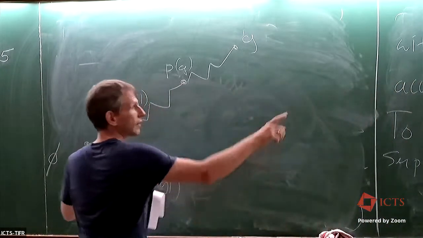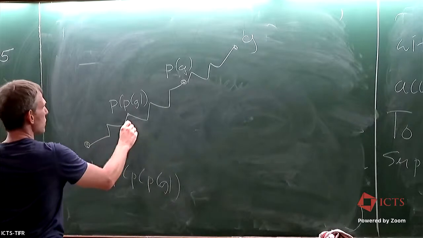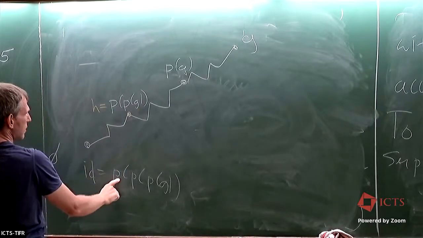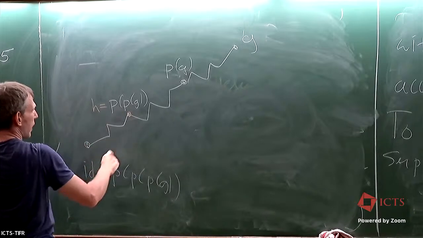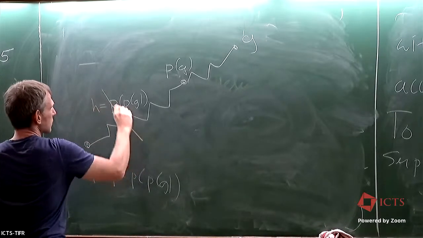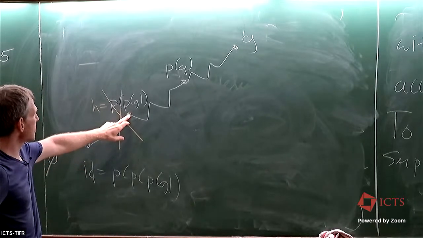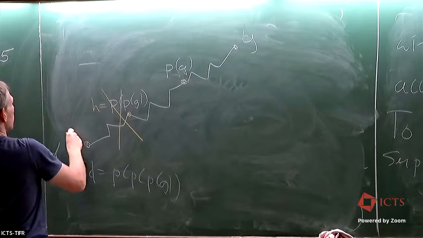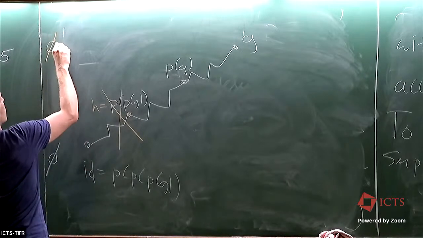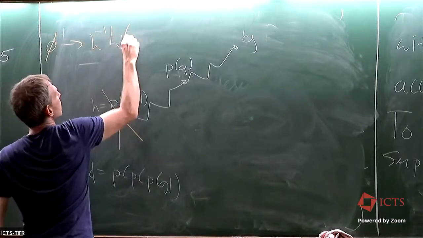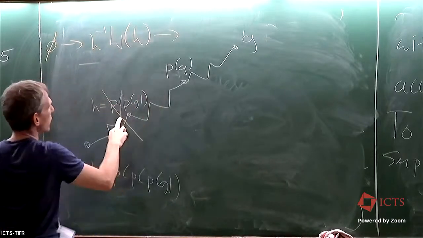Then, if you look at the definition of an edge, you will see that taking for H this element, since identity is the projection, it's not hard to prove that the next, we are allowed to jump to this state, which is, so we go from this empty state to the state H inverse W of H in the automaton.